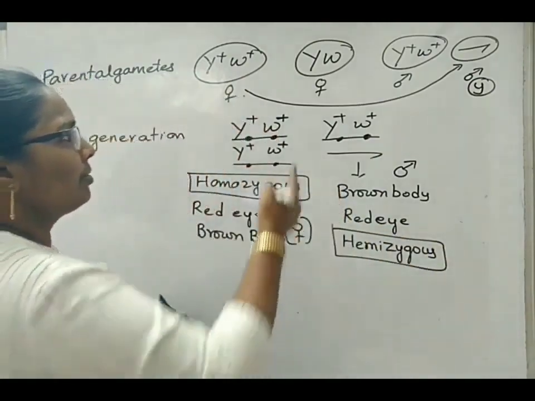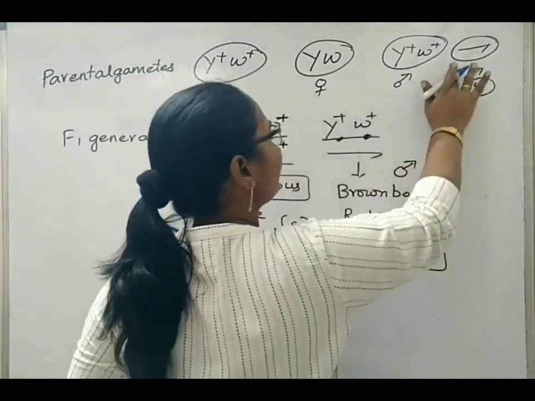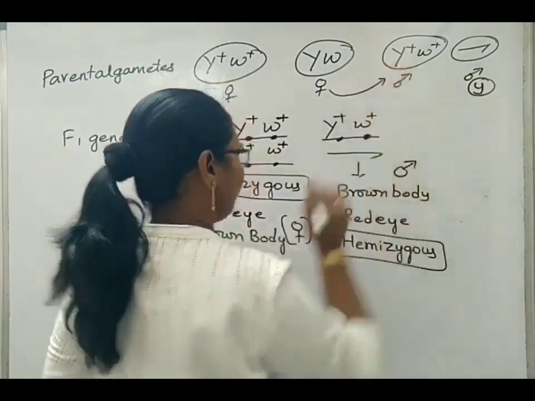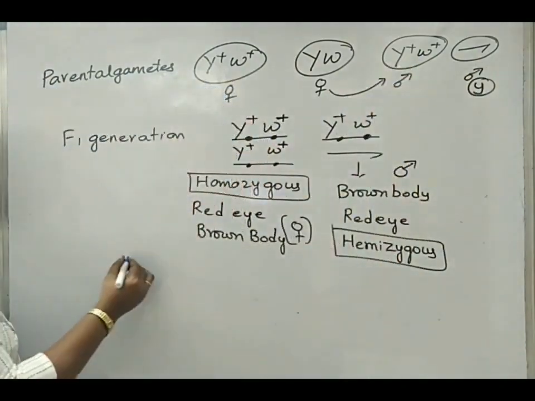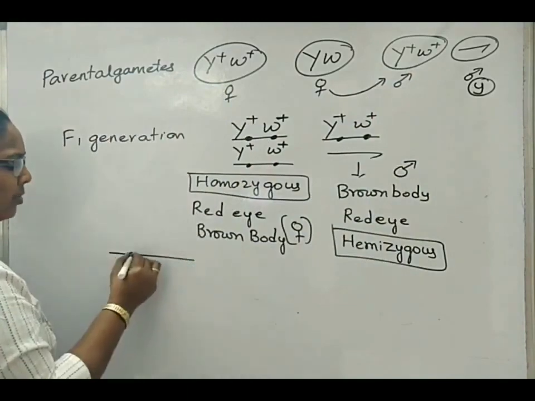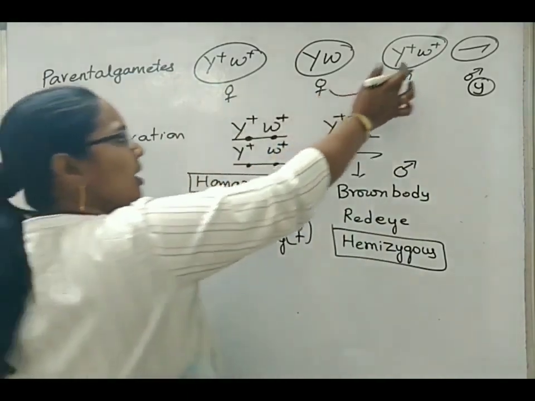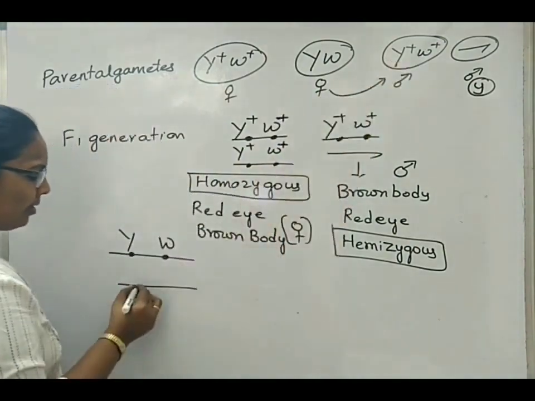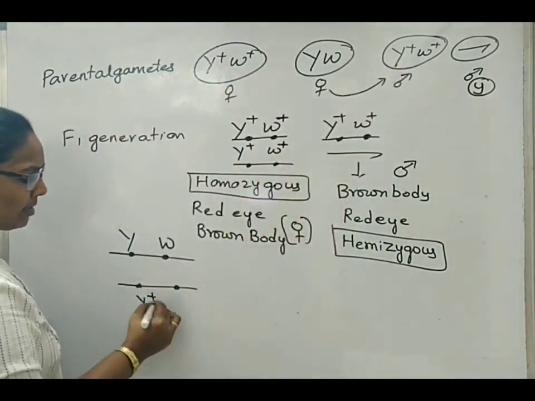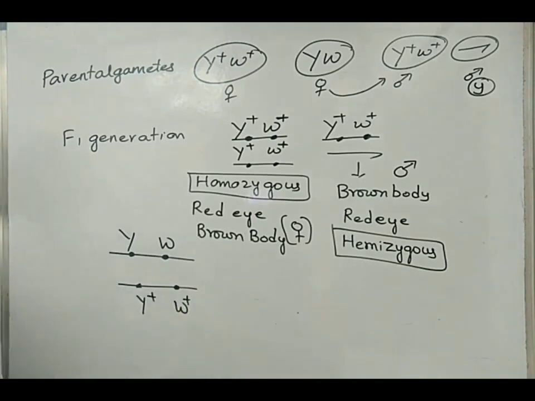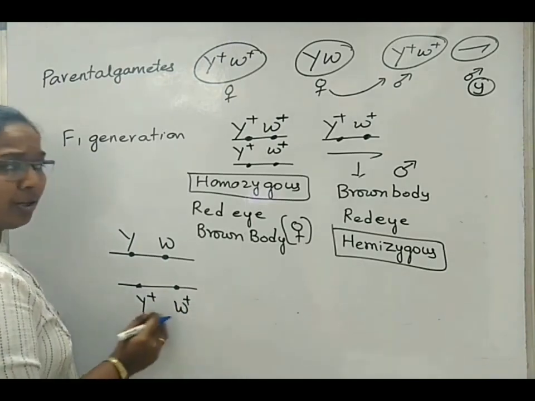Hemizygous. Now, when the X of this one is again crossed with this, what type of offspring will we get? On one X chromosome, we get y and w. On the other X chromosome of male, we see y plus w plus. It means these are both dominant alleles.